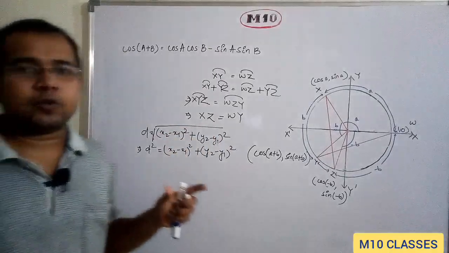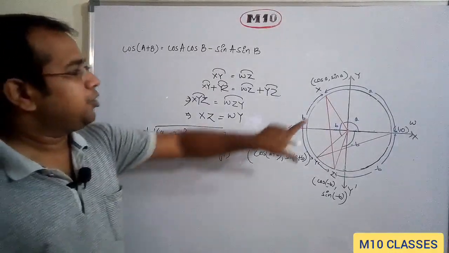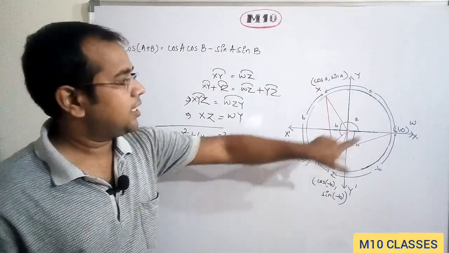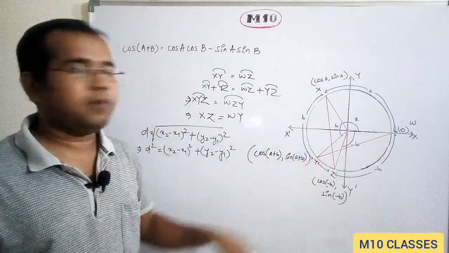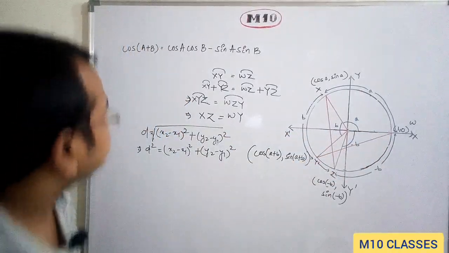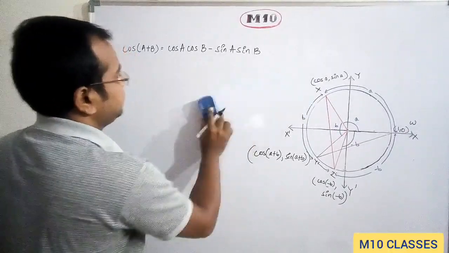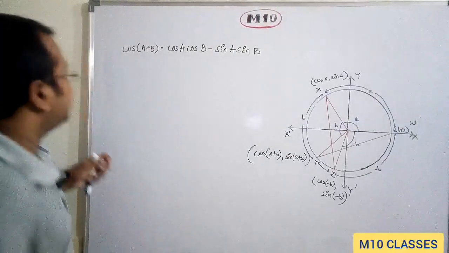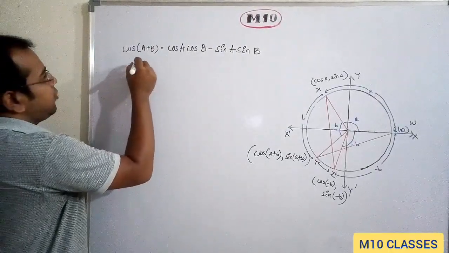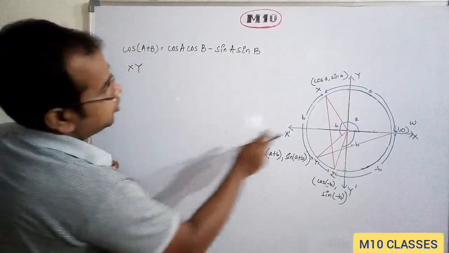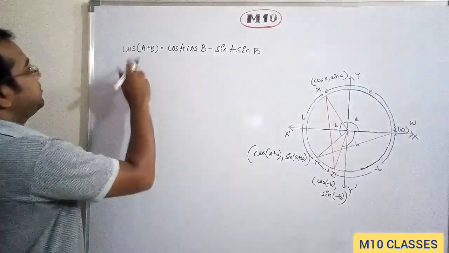Now we are going to use this distance formula to get the values of XZ and WY. Let us see. What would be XZ square?